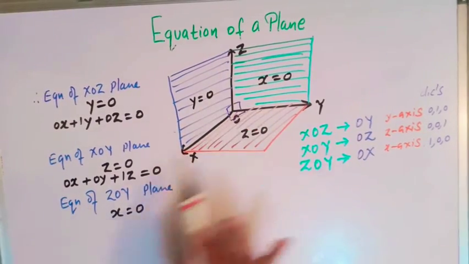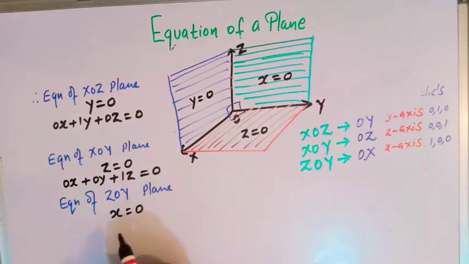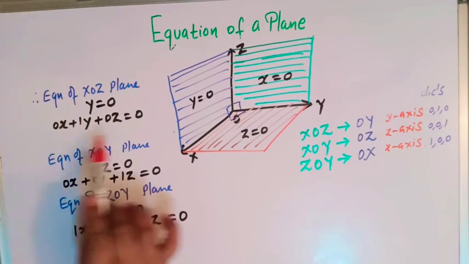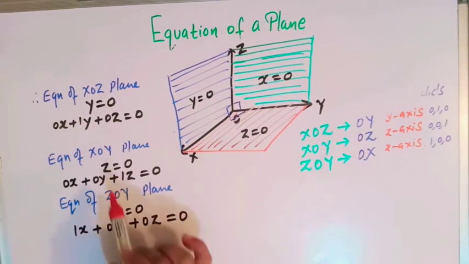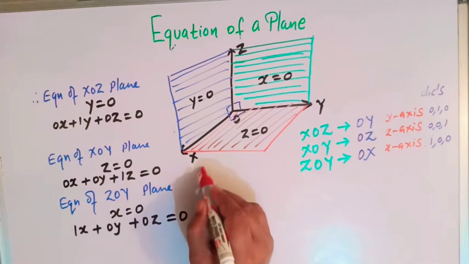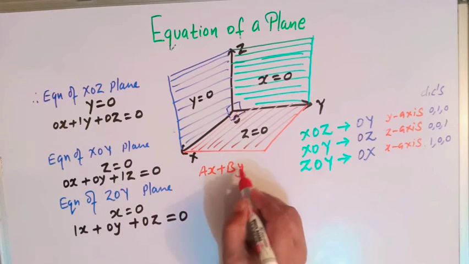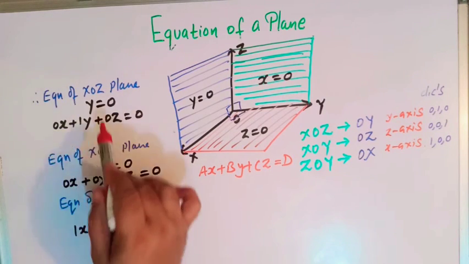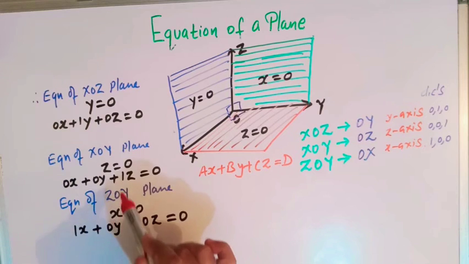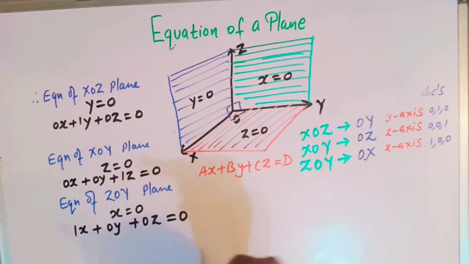And the equation of ZOY plane is x equal to 0, which can be written as 1x plus 0y plus 0z equal to 0, right? Therefore, we have represented the equation of these three planes in the form of ax plus by plus cz equal to d, right? Now let us write the equation of these three planes in vector form.